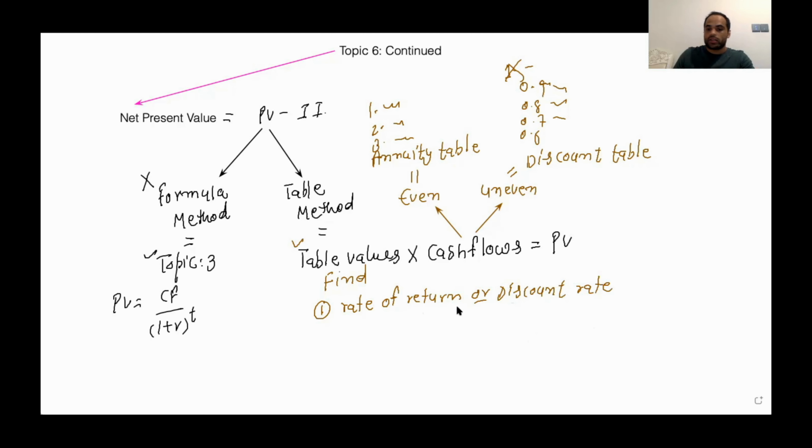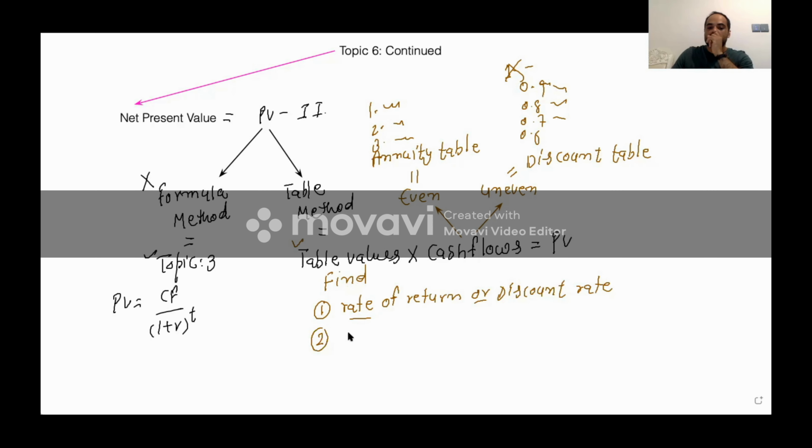Interest rate. So you need to find the rate. Second, you need to find the time in the question. You need the rate and the time to find the value.